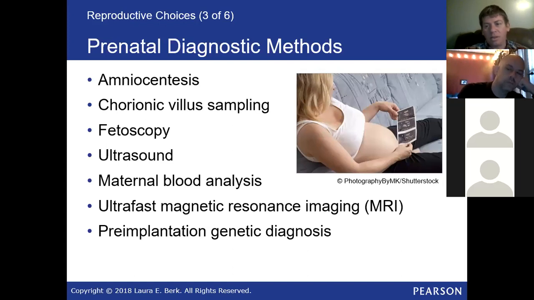They don't want to expose the fetus to long amounts or great amounts of activity from the magnets. Pre-implantation genetic diagnosis. So before they're placing fertilized eggs into the mother's womb, they can gather genetic information from it prior.